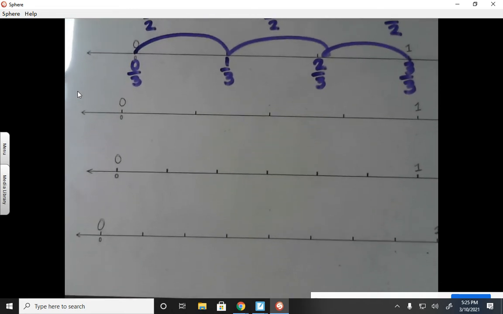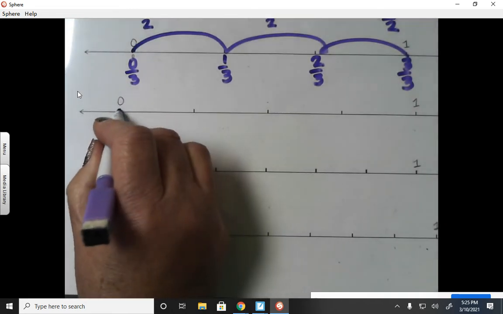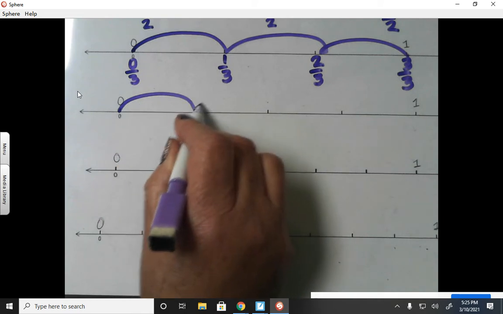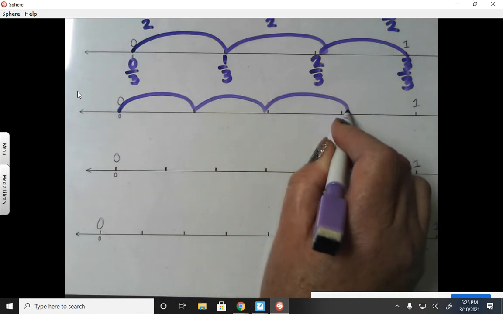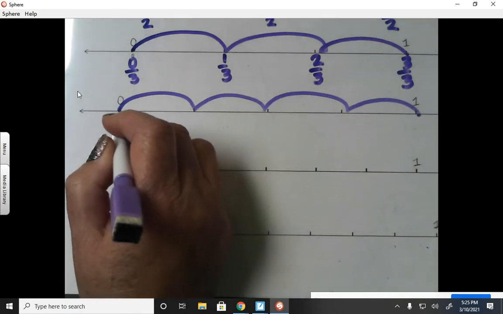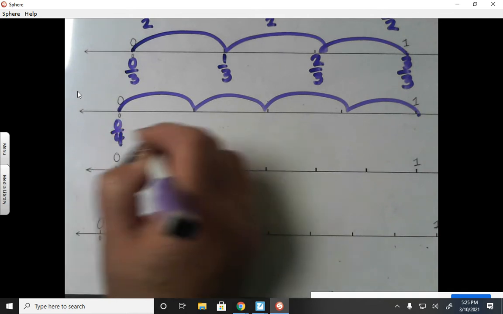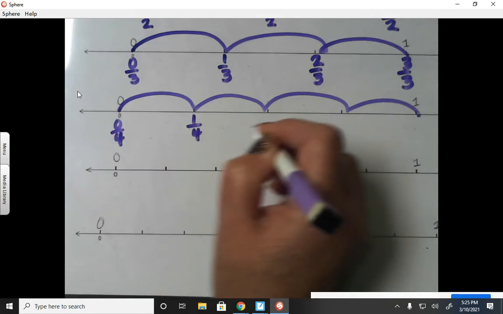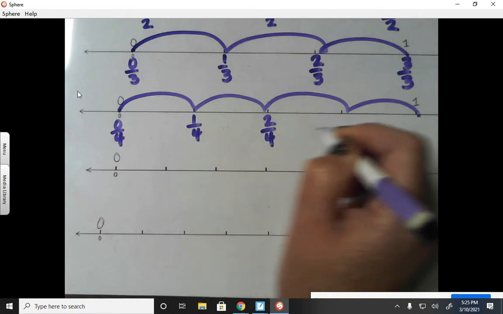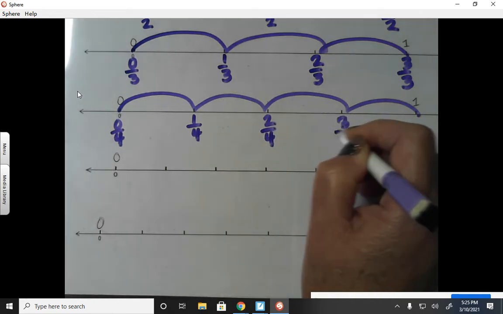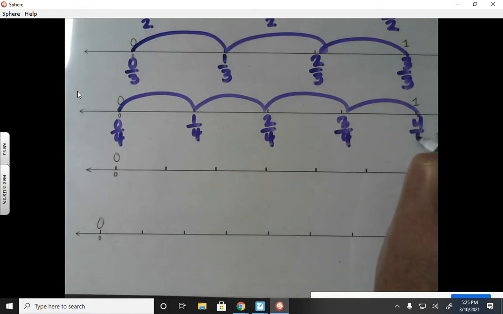The next line, start at 0 and jump and count. 1, 2, 3, 4. So we're going to count by fourths. 0 fourths, 1 fourth, 2 fourths, 3 fourths, and 4 fourths.